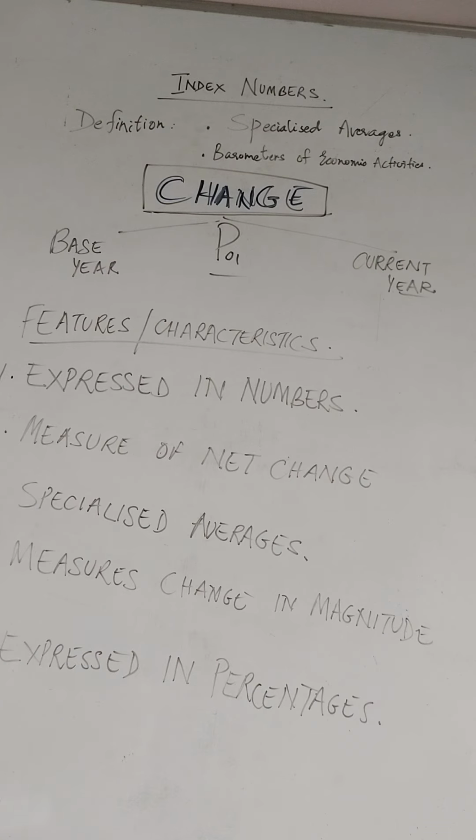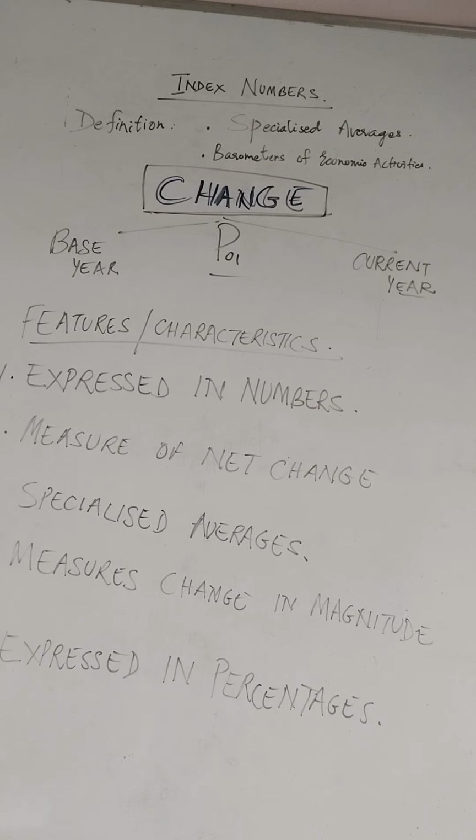An index number also measures changes in the value of variables such as prices of a specified list of commodities, volume of production in different sectors of an industry, production in various agricultural crops, cost of living, etc. Conventionally, index numbers are expressed in terms of percentage.